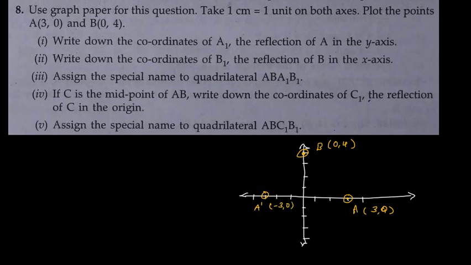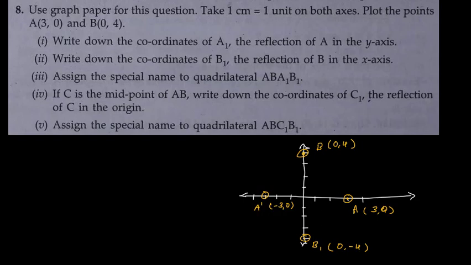Then write down the coordinates of B1, the reflection of B in the x-axis. Similarly, the reflection of B in the x-axis, I will get this point. This is B1, and this B1 has coordinates (0, -4).